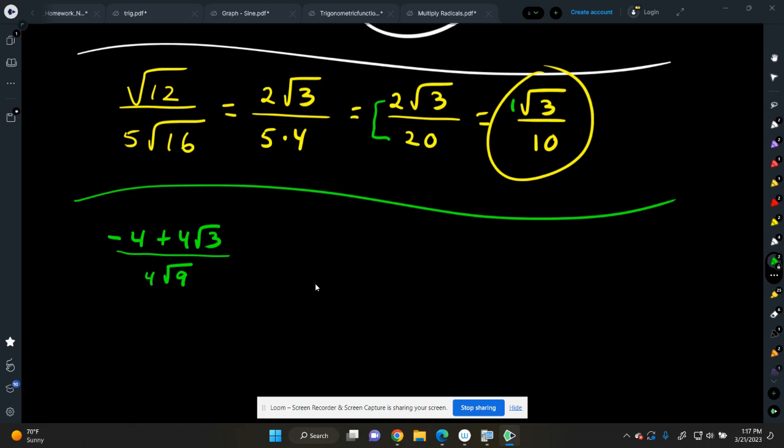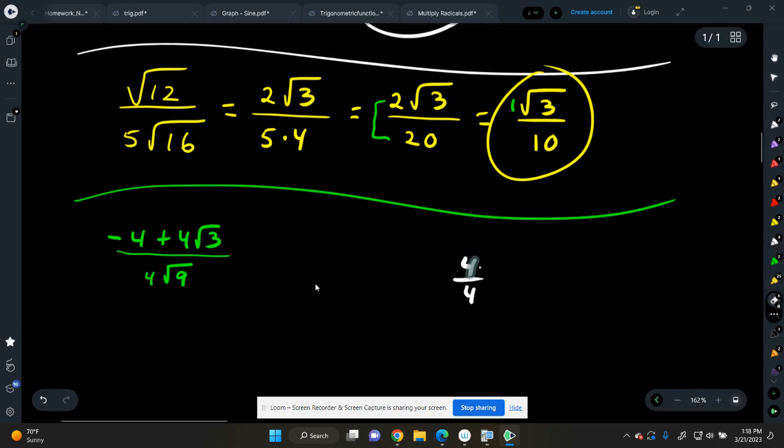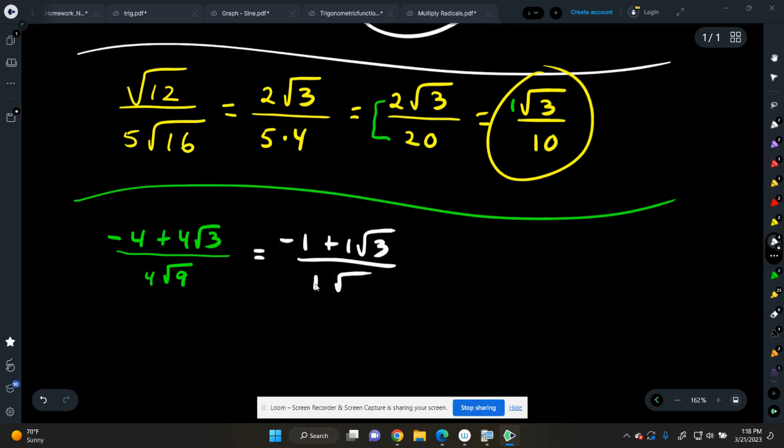Okay, so this one is a little bit confusing for that reason. Since they all have a 4, right? If it was just 4 over 4, what would that equal? 1, right. Since they all have a 4, we can rewrite this with all 1s instead. So negative 1 plus 1 root 3 over 1 root 9.